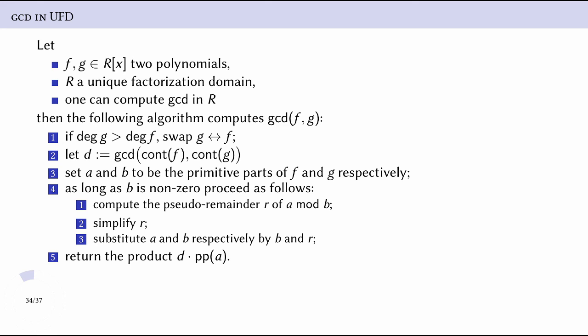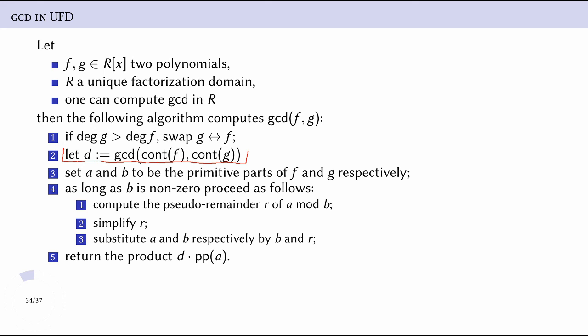And at the very beginning, we extract the greatest common divisor of the contents of the two polynomials, and we store it. Through the whole loop, we ignore it, we store it aside. Then we take the primitive parts.